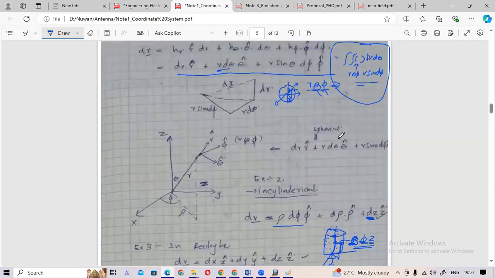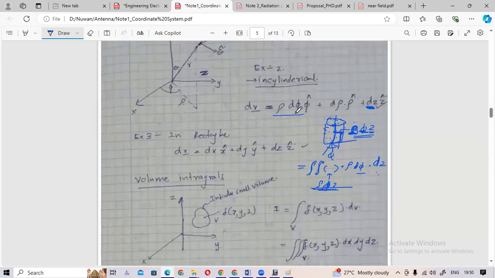When you get phi, the phi comes with rho. So you have to do integration with respect to rho d phi dz.